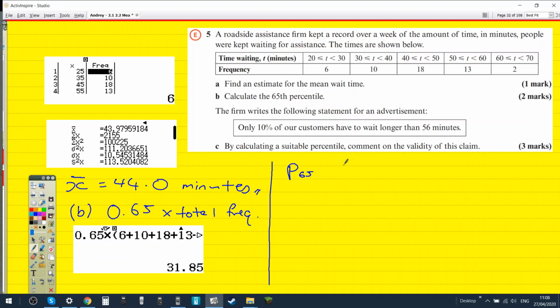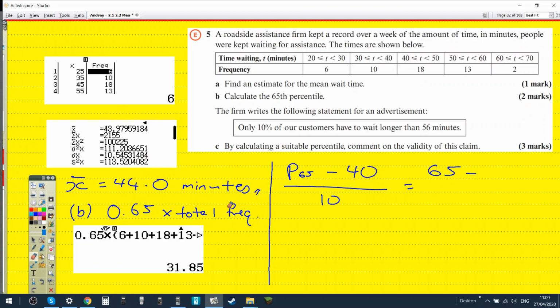Yeah. And so basically, that fraction into that group, so it's x take away 40 out of 10 minutes, 50 minus 40. That will be equal to, we said it was the 65th one. It will be 65 take away 16.